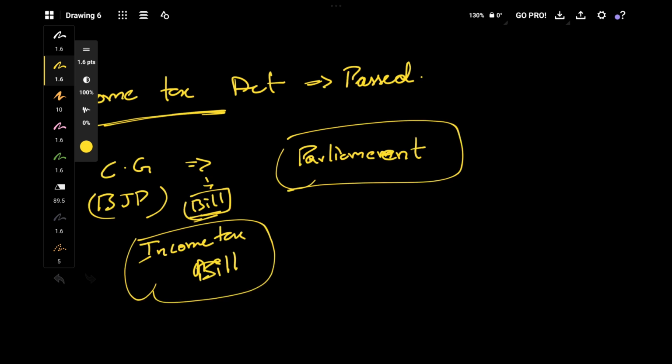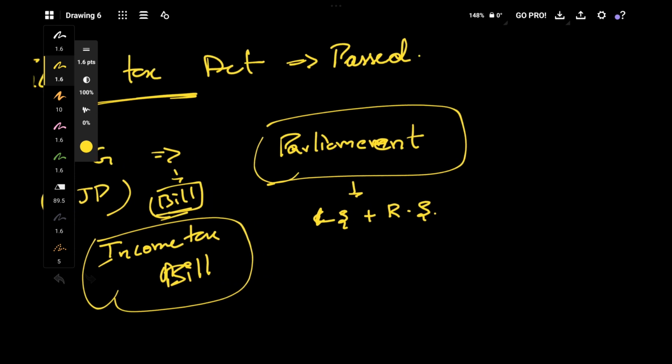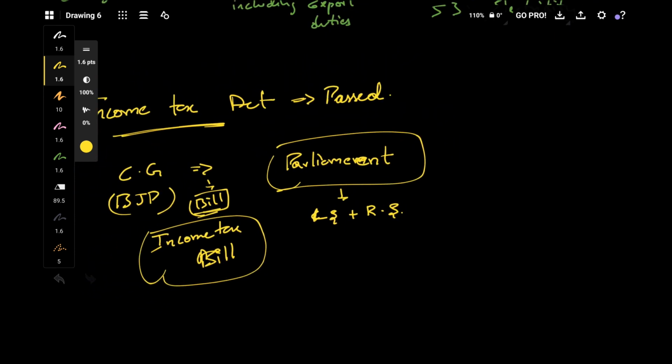In Parliament, both the houses, Lok Sabha and Rajya Sabha, should accept this bill with majority. Don't go into technical terms, but this is the concept.